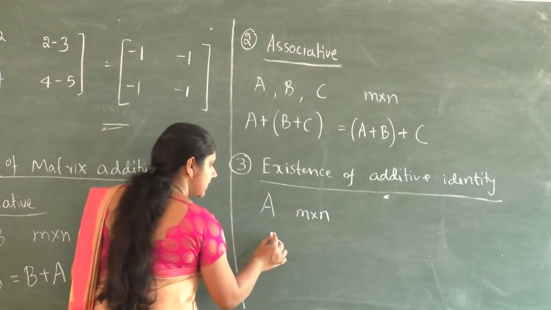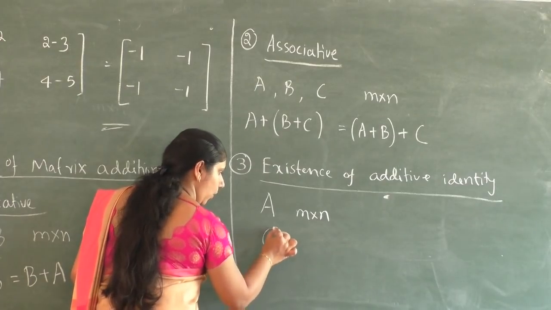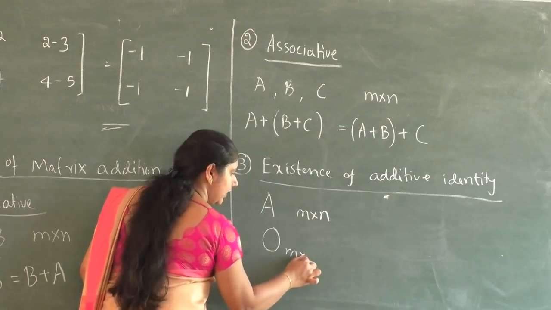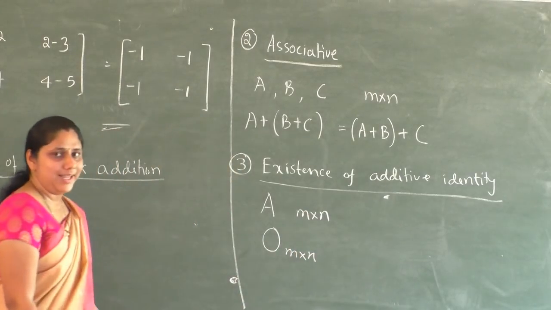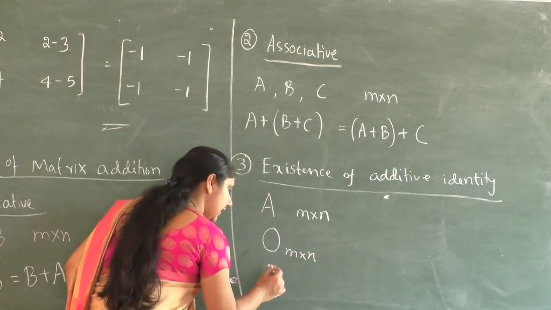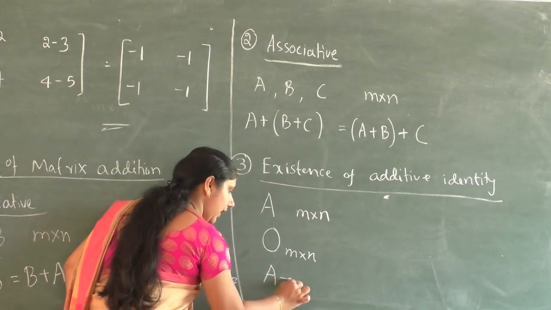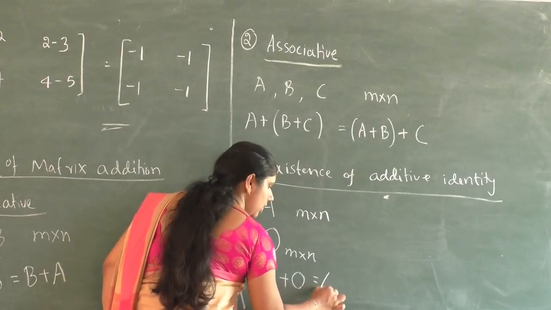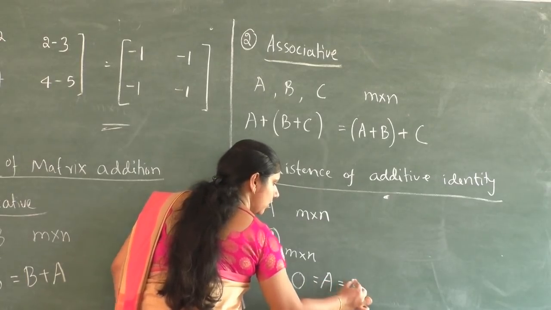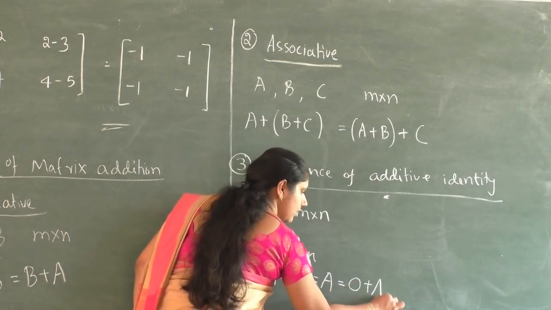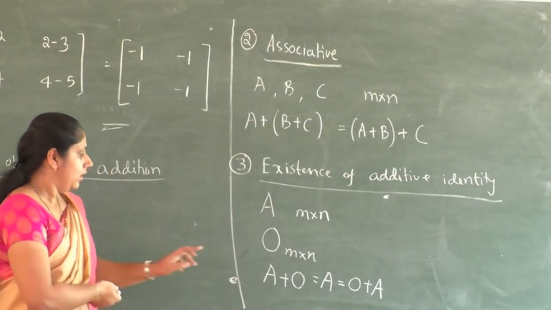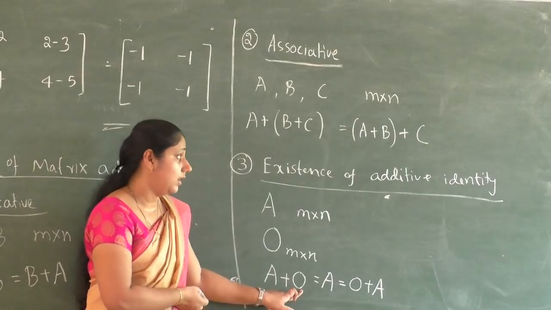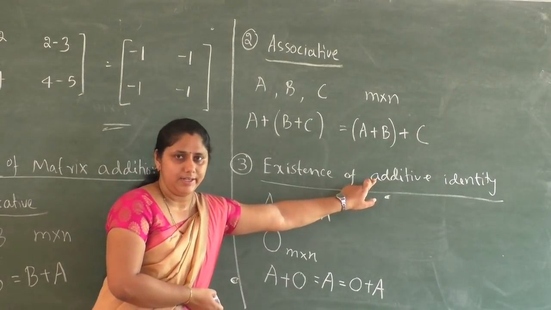Then there exists another matrix O, we are calling it the zero matrix, of same order, that is m cross n, with the condition that A plus zero matrix is equal to A, which can also be written as 0 plus A. So this O matrix is called the additive identity.